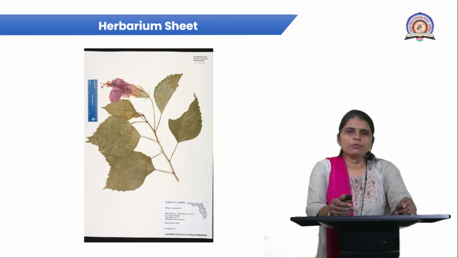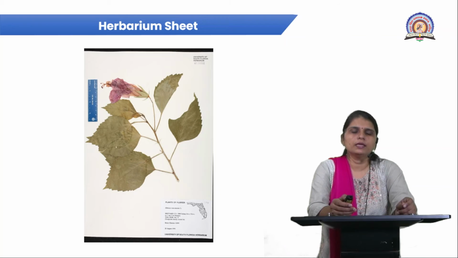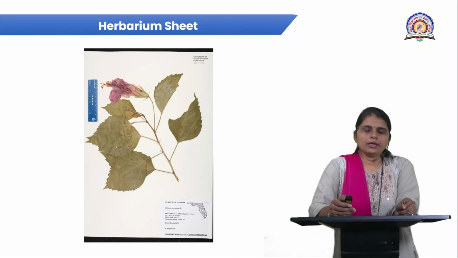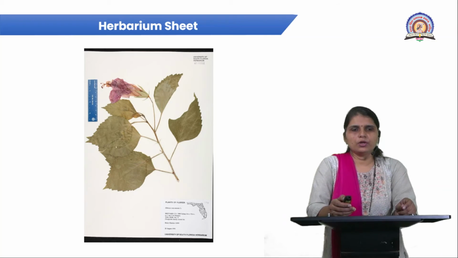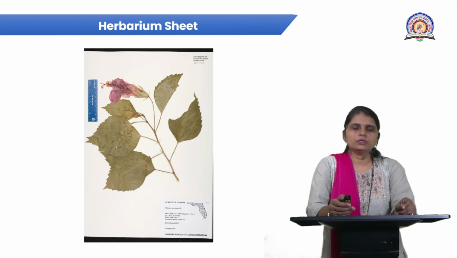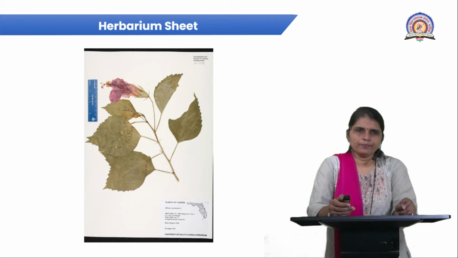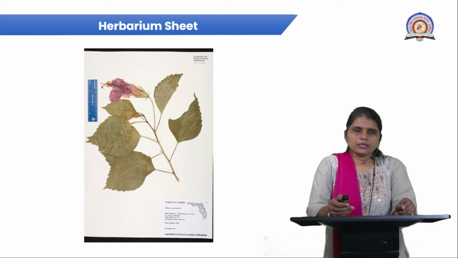Then the vernacular name, or common name, or local name of this plant, Jaswanda. Then the date of collection, when you collected this plant, is mentioned on your herbarium, and you have identified this plant from a scientist. The name of the scientist is written down on that herbarium sheet. Okay, this is the herbarium sheet of the Hibiscus rosa sinensis plant.